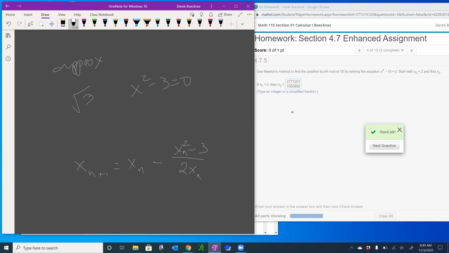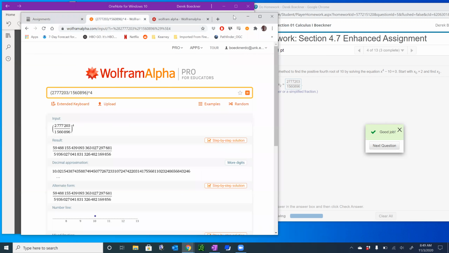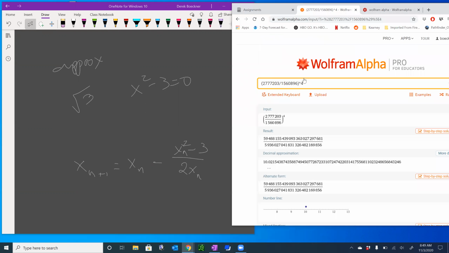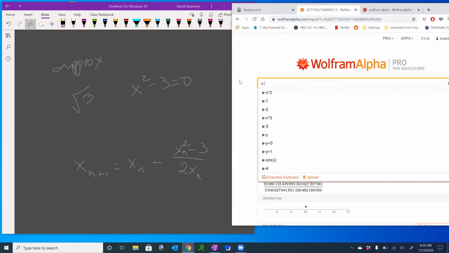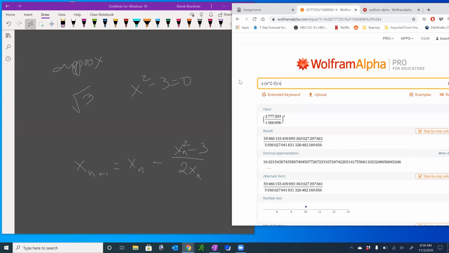If I do this, the expression will, in its limit, go to the square root of 3. So like in Wolfram Alpha here, if I put in x minus x squared minus 3 over 2x, well, a good approximation for the square root of 3 is probably 2.